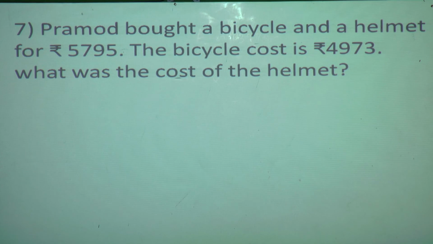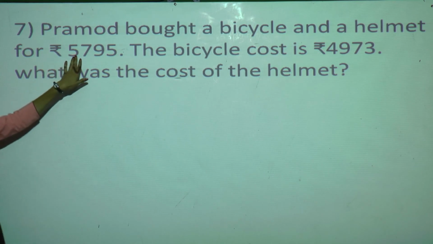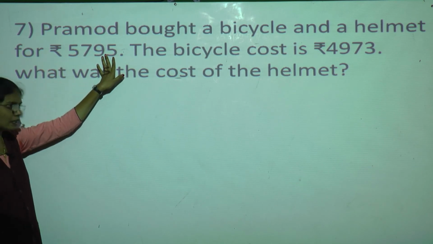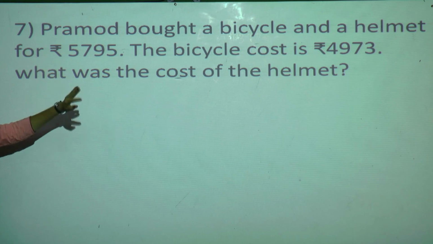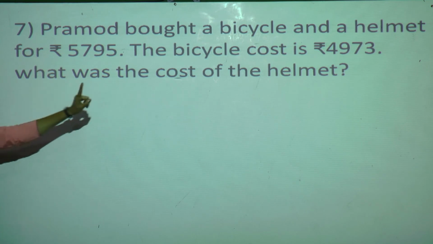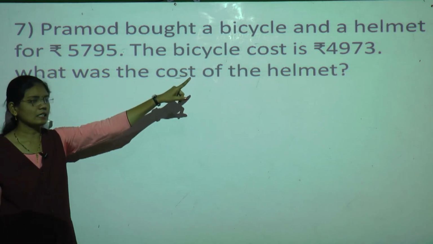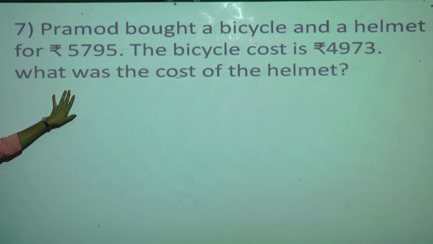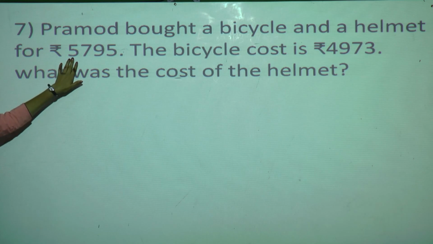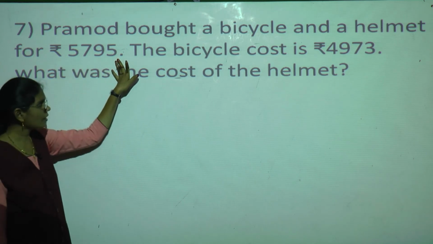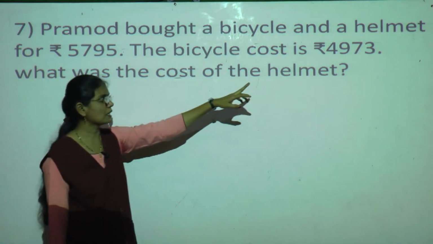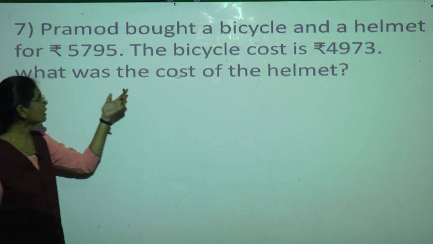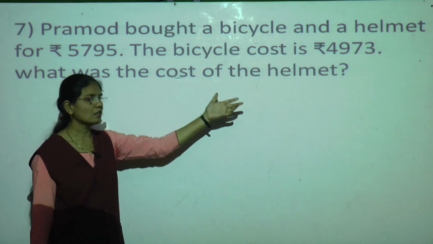Okay. How much money he spent? For the two things he spent total rupees 5795. Okay, and what is the cost of bicycle? The cost of bicycle is 4973. Okay, then what you will do? Just if you will do the subtraction, 5795 minus 4973, then you will get the cost of the helmet.